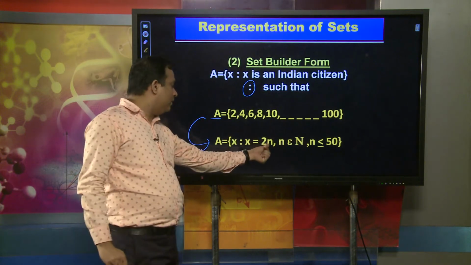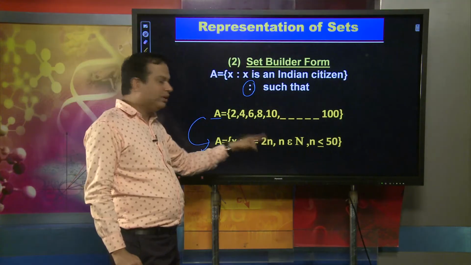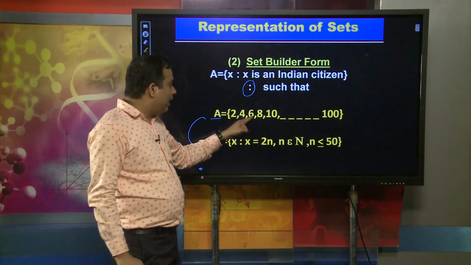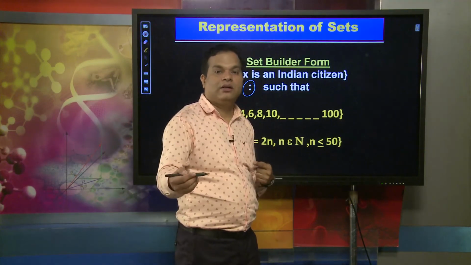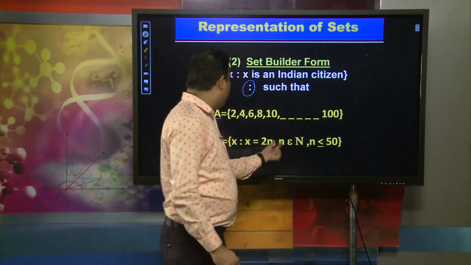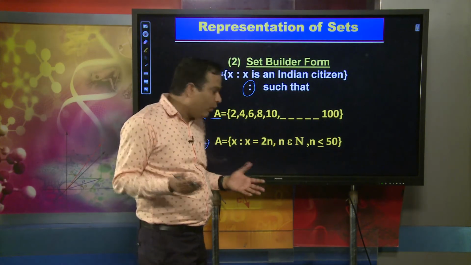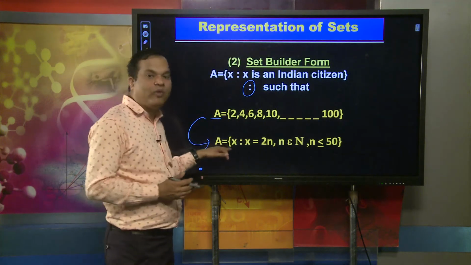When we put 1, it becomes 2. When we put 2 in place of n, 2 into 2 will be 4. When 3, 2 into 3 becomes 6, and n less than or equal to 50. Up to 50 means 2n, 2 into 50, which is equal to 100. So we can write very simply in set builder form.